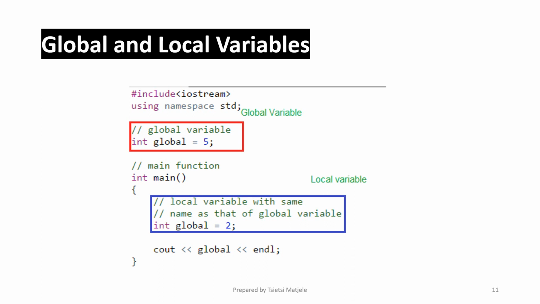We can have another function called sum, and we can declare the same variable inside that function. Then that variable that has been declared in that function is a local variable. I still believe that is clear. So now you can see this variable is global here, and this one is local.